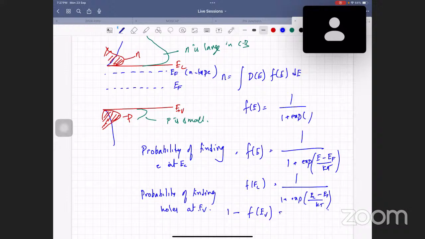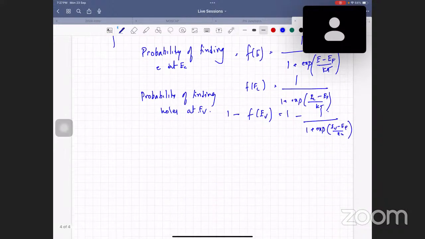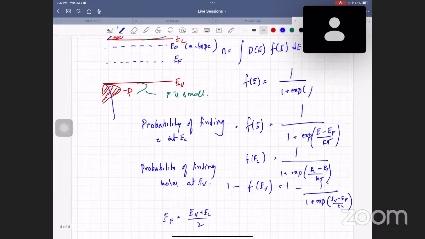This will be 1 minus 1 by 1 plus exponential EV minus EF by KT. Now these probabilities are equal. So if you solve for it, you will see that EF equals EV plus EC by 2, essentially. I think I have done this in the lectures. Please go back and see. You will see this easily.